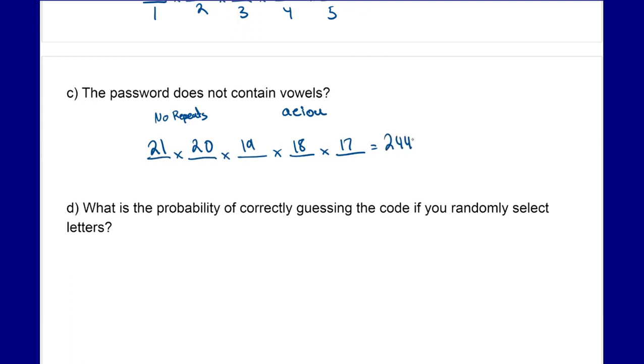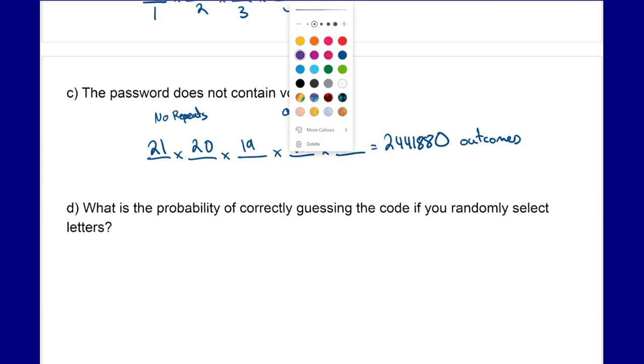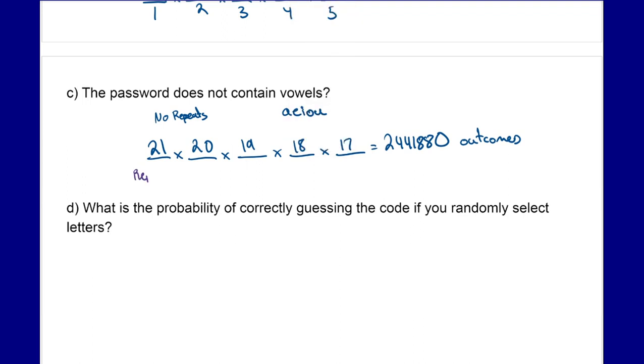So 2,441,880 outcomes when we're dealing with no repeats. And if I look at no restrictions, or repeats allowed, 21 to the power of 5, or 21 times 21 times 21 times 21, and so on.